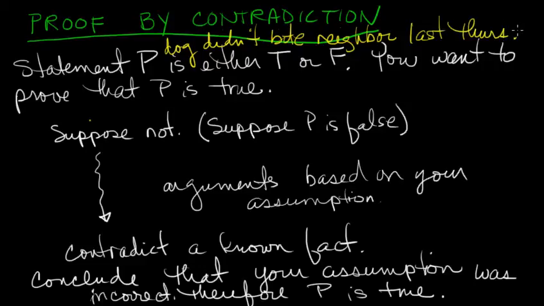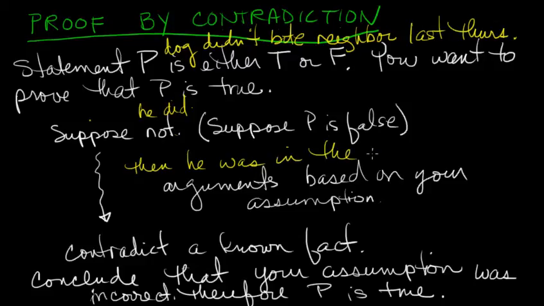Okay, so your dog has been accused. The neighbor said that your dog was the one that bit him. And so let's see how we could use a proof by contradiction to prove your statement that your dog did not bite. Well, suppose that he did. Well, if he did, then he was in the neighborhood, NBD, last Thursday.